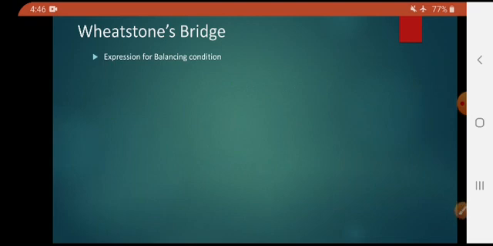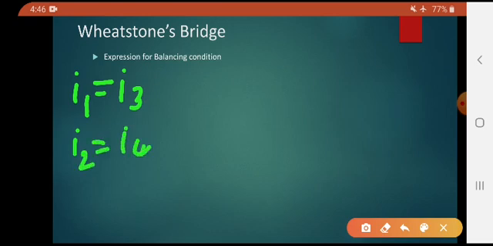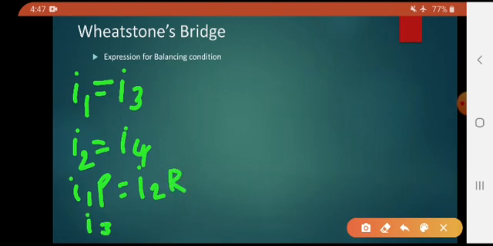Now we have these equations in the balancing condition: I1 equals I3, I2 equals I4, I1P equals I2R, and I3Q equals I4S.